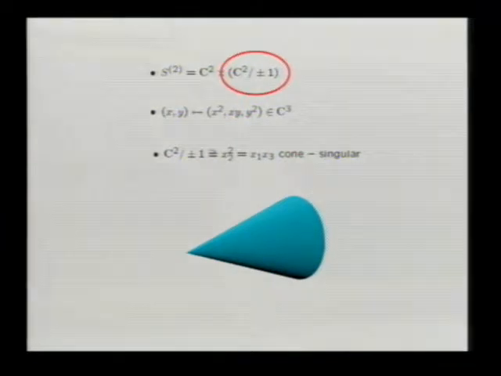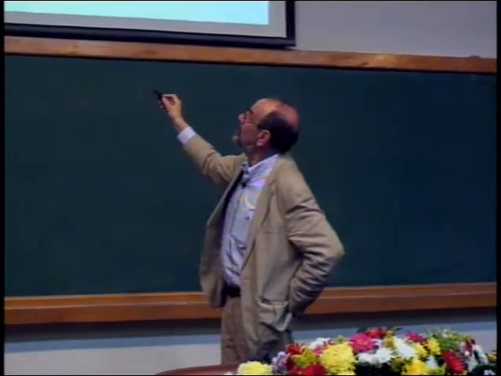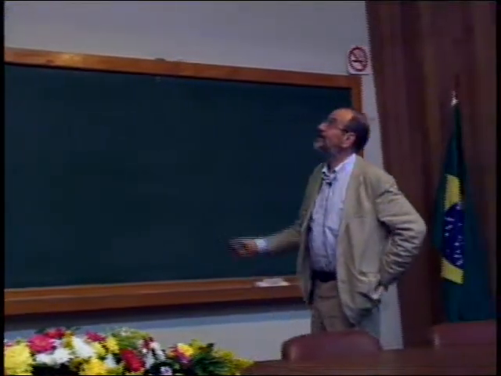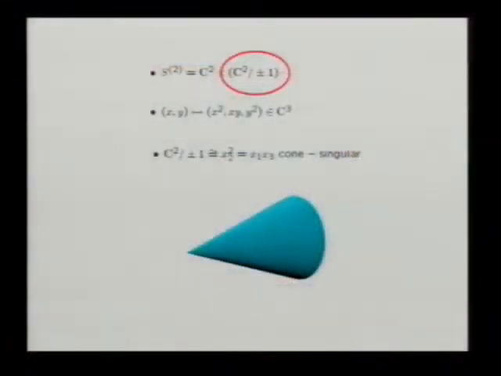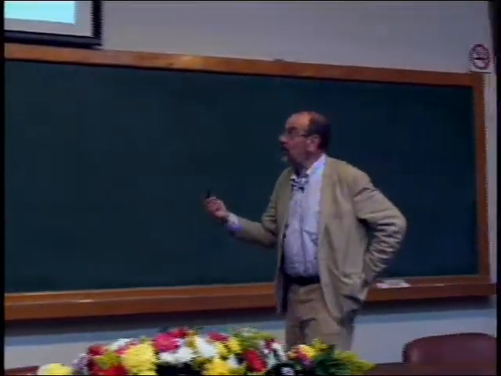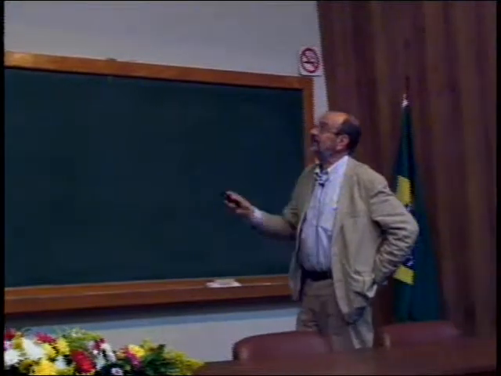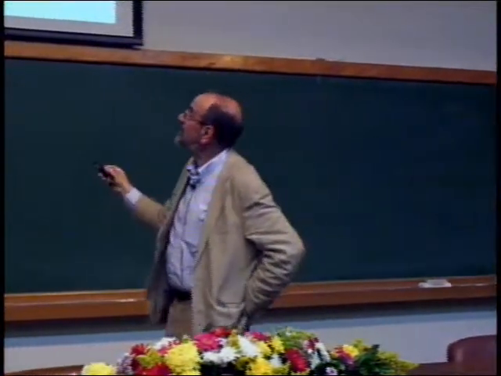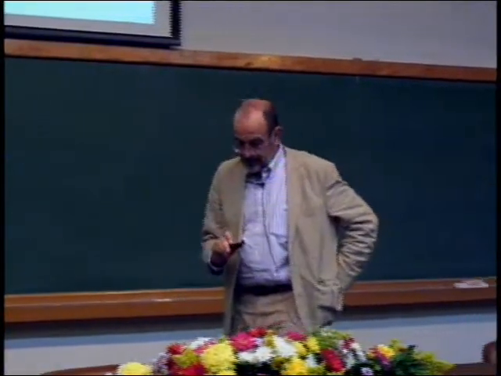So what we can say here is that if we take the quotient of C^2 by plus minus 1, we don't get anything smooth. We get a cone. We get something with a singularity at the origin. Now in one dimension this doesn't happen because, if you like, z squared is a coordinate on the quotient if z is a coordinate upstairs. But here, in two dimensions, life gets more complicated. We produce a singularity.